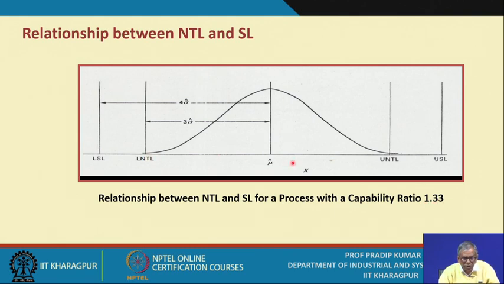Okay. Now, the relationship between NTL and the specification limit for a process with a capability ratio of 1.33. So, how do you do that? Here is mu and this is LNTL, and you find that the distance between LNTL and mu is 3 sigma, whereas the distance between LSL and mu is 4 sigma. Is it okay? So, this is with respect to the lower capability index, and you find that this is basically 4 by 3, that means 1.33.